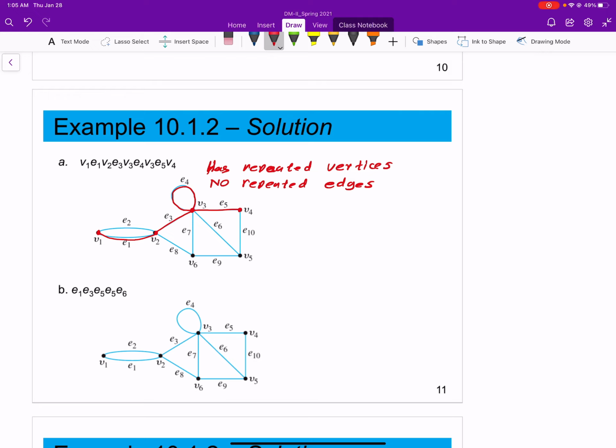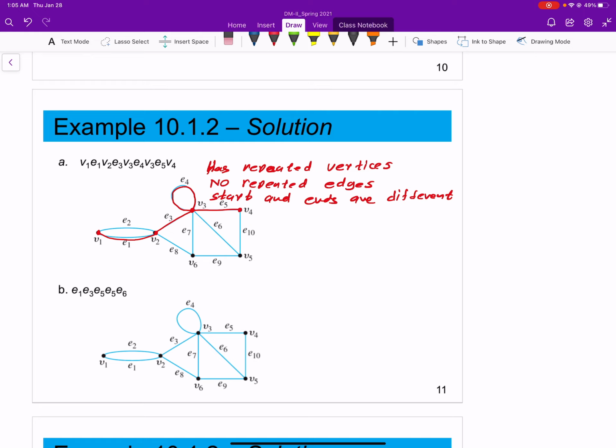And the start and end are different. Okay, so something like this is called a trail.